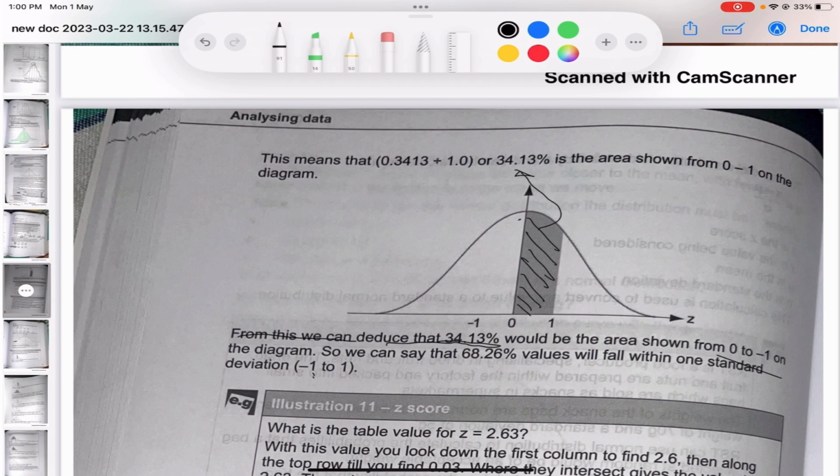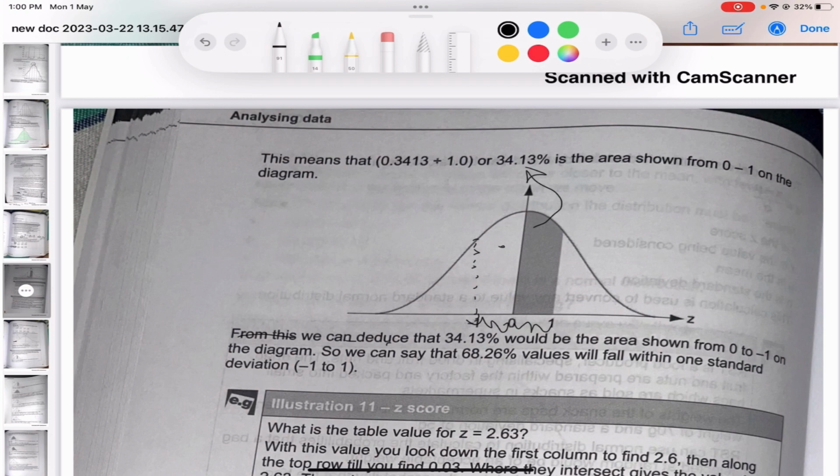So if it is 34%, we can say that 68.26% of values will fall within one standard deviation. Now, why am I saying that it is 68.26? Think about it for a second. If the value from 0 to 1 is 34.13%, then since it is a symmetrical graph, the area between 0 and minus 1 is also going to be the same as 0 to 1.